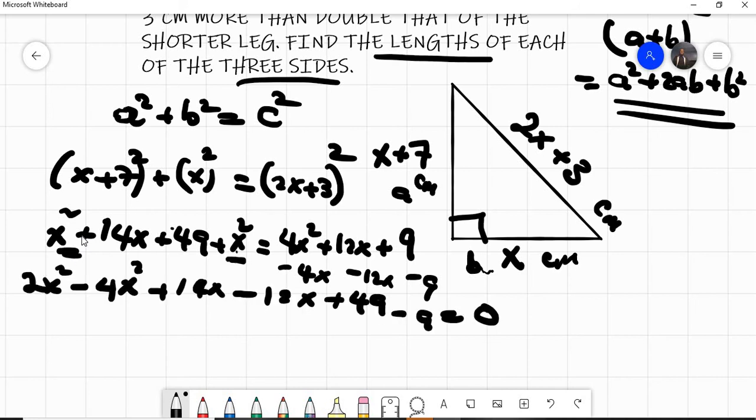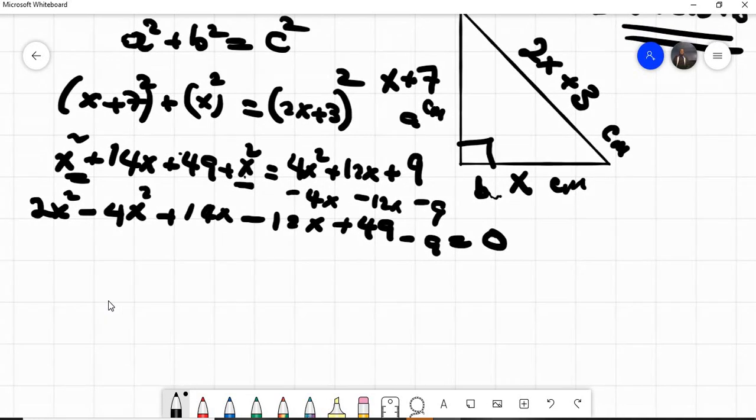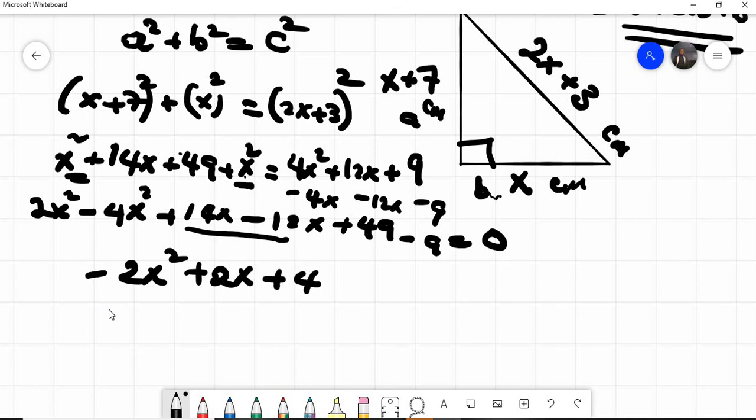So the first one, 2x minus 4x is gonna be negative 2x squared, and then 14x minus 12x is gonna be plus 2x. 49 minus 9 is gonna be plus 40. Plus 40 equals 0.